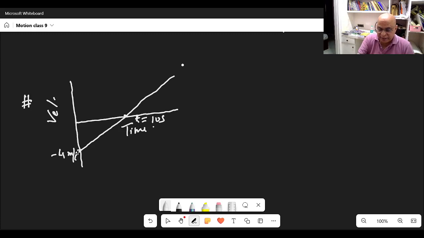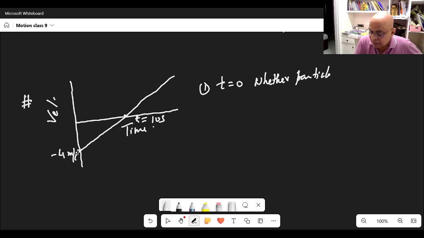So what are the problems asked? At t equal to 0, first: is the particle moving in the positive direction at t equal to 0?